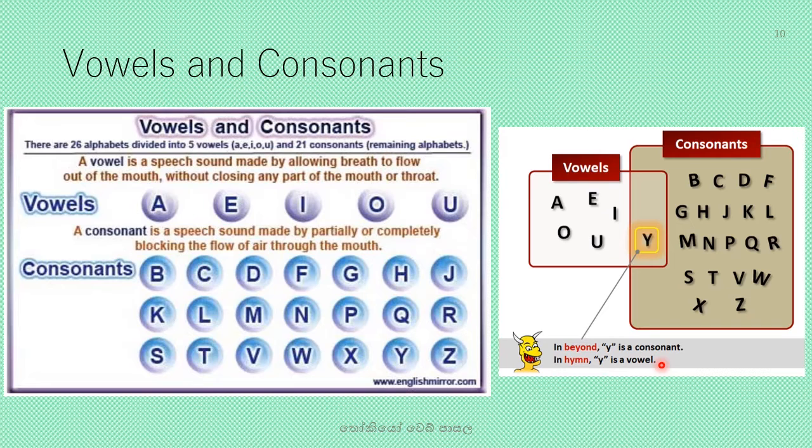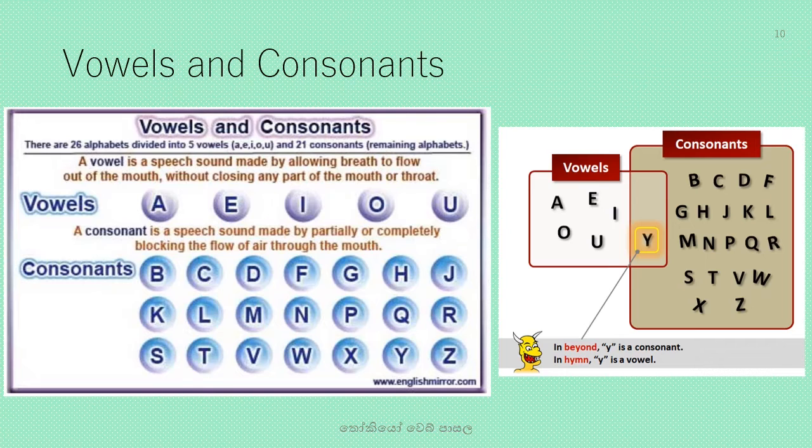For example, in the word beyond, we consider it a consonant, whereas in the word him, Y is not actually blocking, so we consider it a vowel. But basically, if somebody asks what the vowels are, it is A, E, I, O, U. And the consonants are the remaining letters in the alphabet.